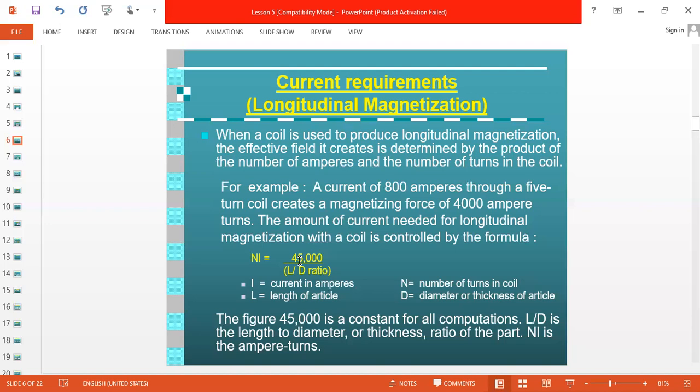If the L/D ratio is equal to or greater than 4, then we use the 45,000 formula. And if the L/D ratio is less than 2, we can't use either of these formulas, neither the 35,000 nor the 45,000.